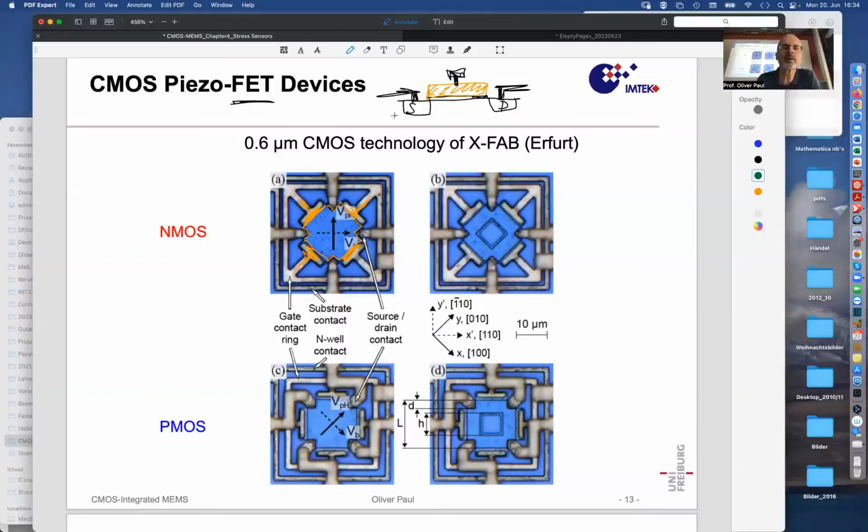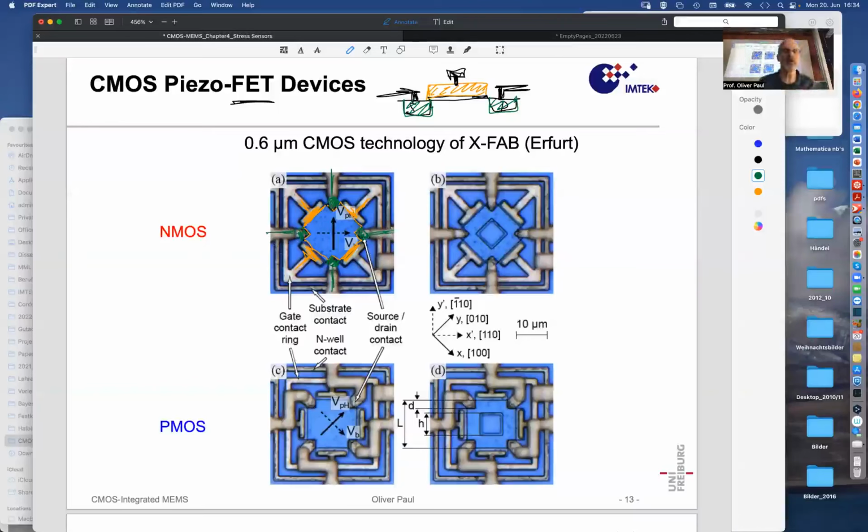And then, of course, there need to be the source drain regions. So what is the source drain? This is the source here, and this is the drain. So where is the source here? Well, in a stress sensor of the Wheatstone bridge type, we have 4 sources and drains. So here they are. And they are connected by their own metal lines in this direction.